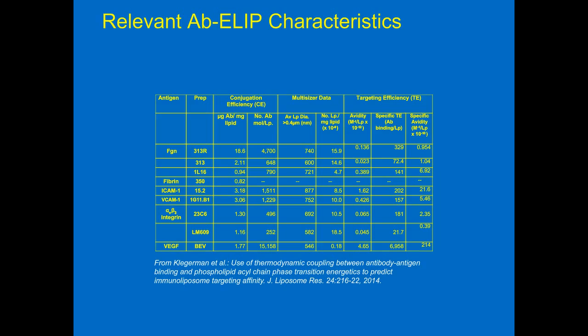Ultimately, we want to get actual binding force that can be tested with atomic force microscopy, for instance, and a lot of people are working on those kinds of considerations. And then we can start looking at lateral shear stresses to optimize these targeted formulations.